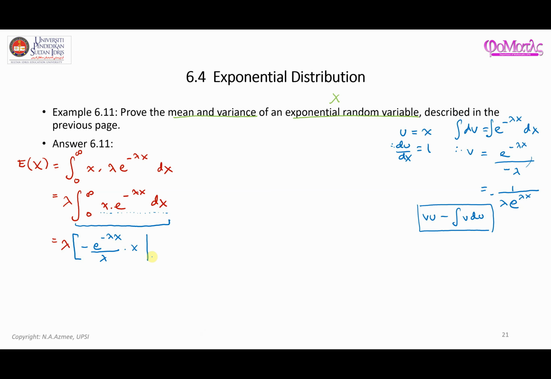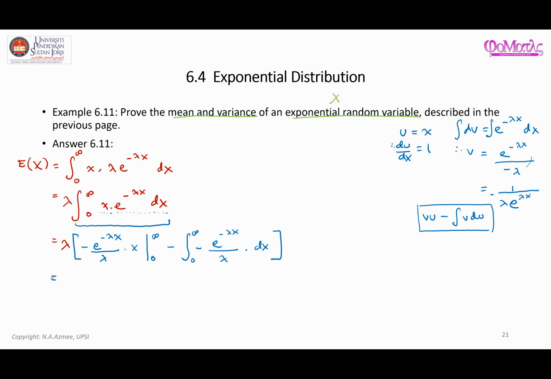times u, which is x. It will be evaluated from 0 to infinity, minus the integral of v du. v here is negative e^(-λx) over λ. What is du? du is dx, from 0 to infinity.